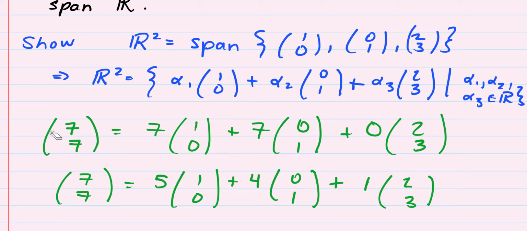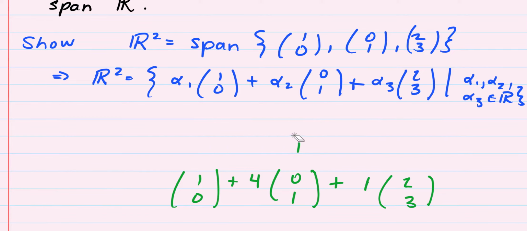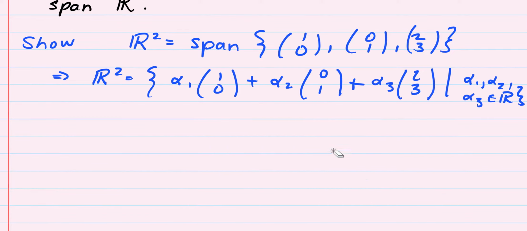We can't write out every single vector. There's infinitely many vectors in R2. So what we're going to do instead is we're going to let (A, B) be a vector in R2. And let's see how we can write this vector in terms of these 3 vectors.